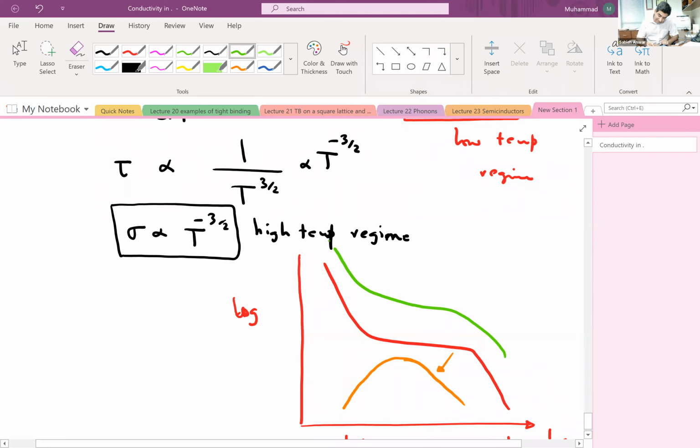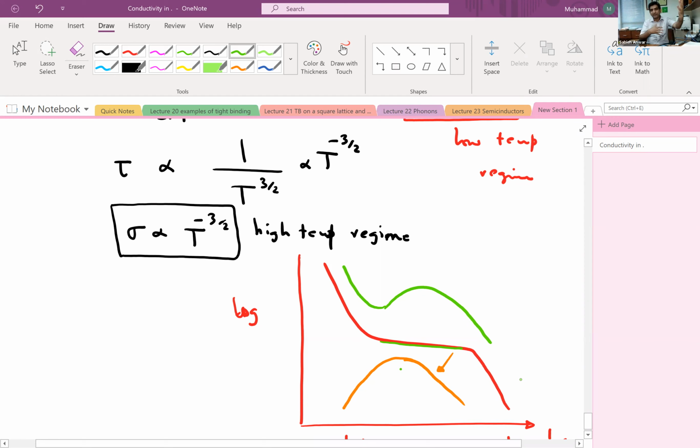In the extrinsic regime, it's predominantly determined by the mobility. Let me just make this clearer. When log n is constant, the mobility determines the temperature dependence. For high and low temperature, that is in the ionization and intrinsic regimes, the charge carrier concentration determines the conductivity.